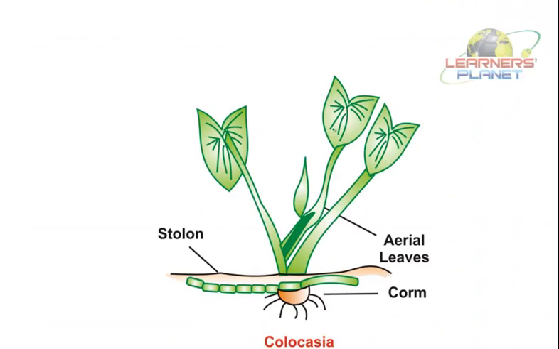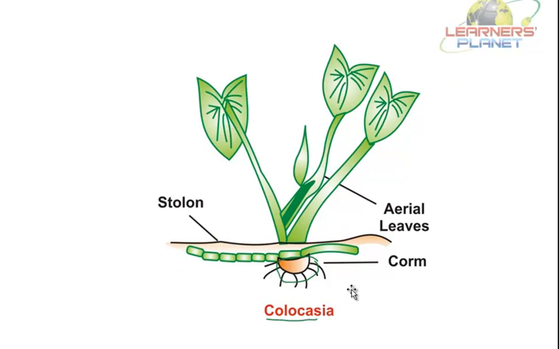Other than Gladiolus, there is one more plant which is Colocasia. So in Colocasia, here you can see the stolon which runs horizontally. These are the aerial leaves, and this is the corm from which the new plant develops.